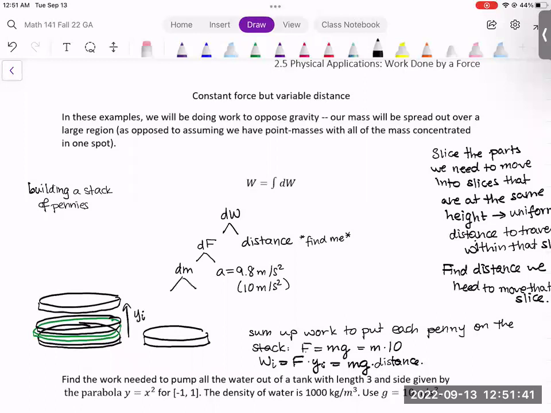So we can think of mass as a density, which we write with a rho, and density is going to have units of mass per volume.